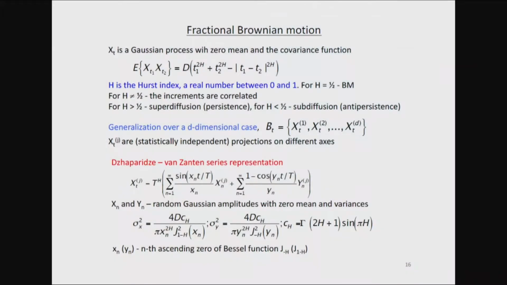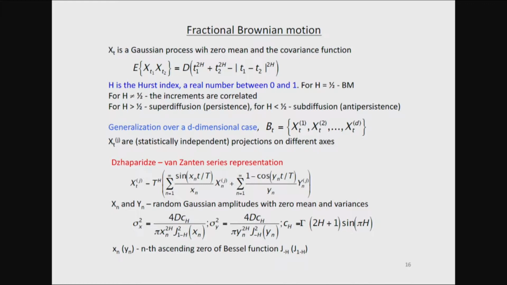Now let me go to the fractional Brownian motion, which is a Gaussian process with zero mean and covariance function given here. What is here? It is called the Hurst index, and it can take any value from 0 to 1. For h equal to 1/2, you have standard Brownian motion.